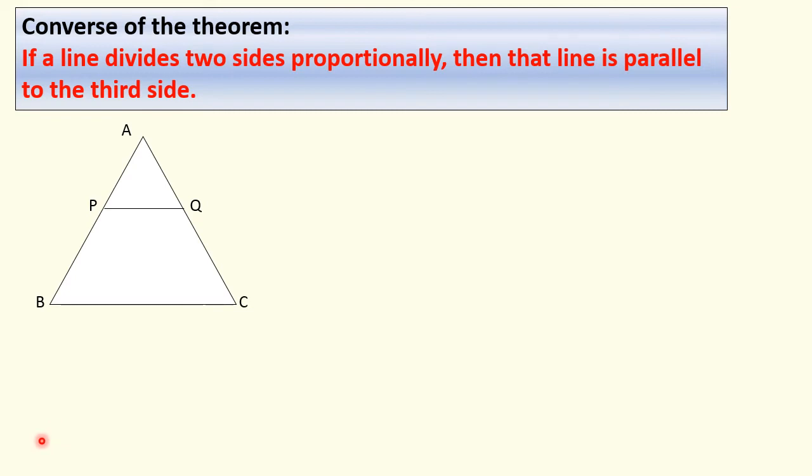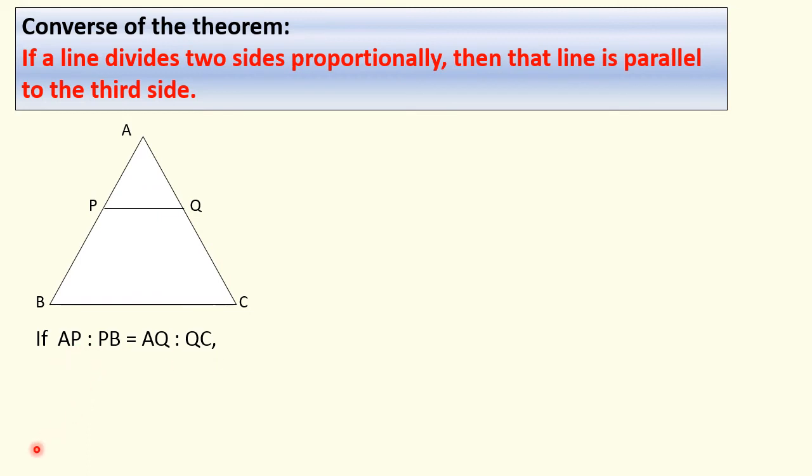Okay, in triangle ABC, let's write the conclusion of the theorem. If AP is to PB equals AQ is to QC, that means the ratios of the divisions of the side AB and the ratios of the divisions of the side AC are equal.